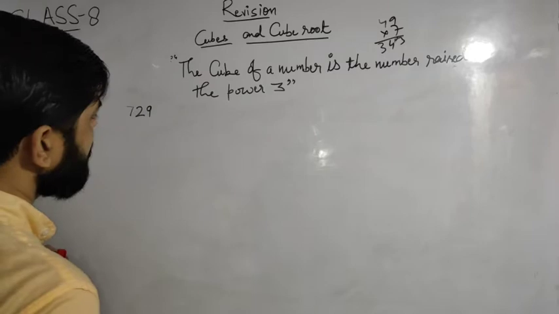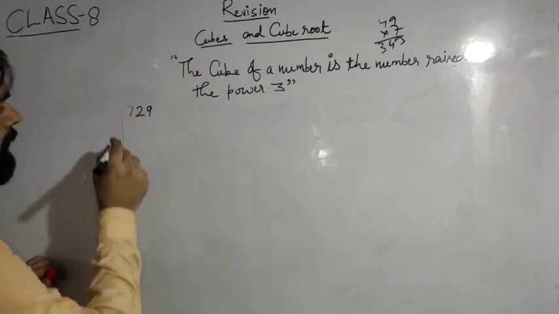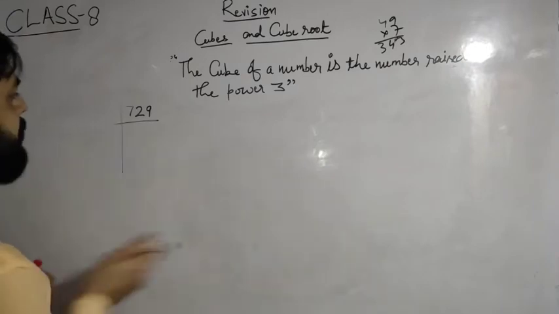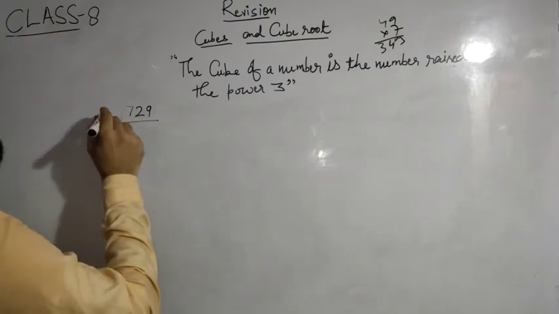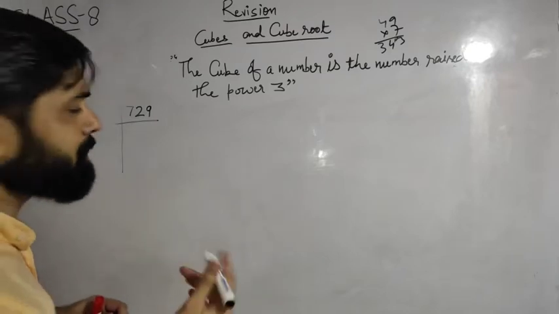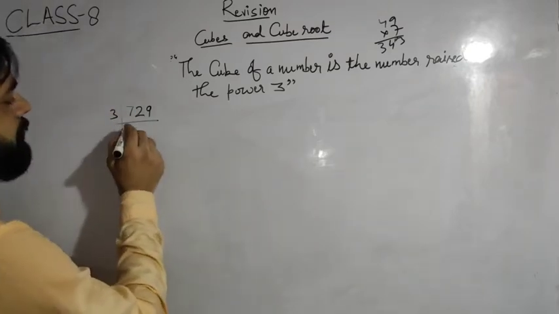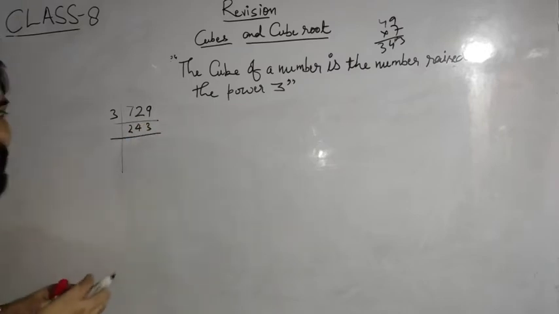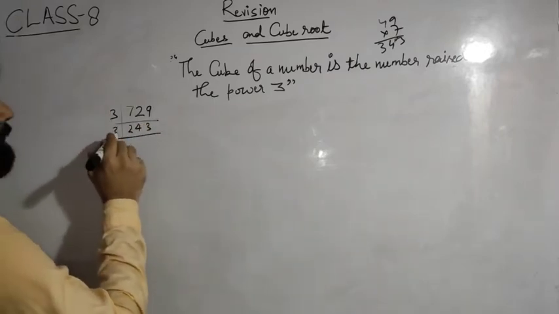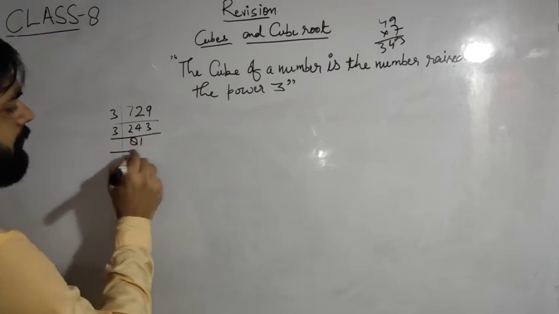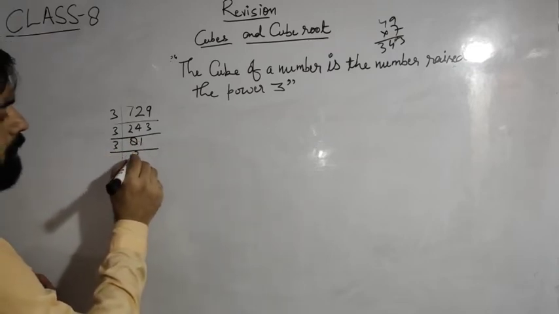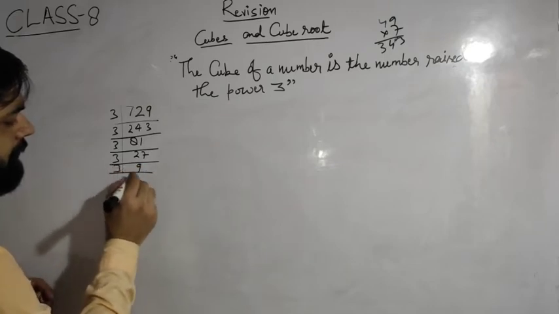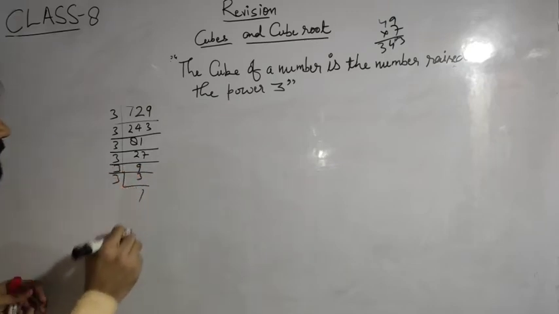So 729. Find the prime factors of 729. What is 729 divisible by? It is divisible by 3. So 3 2s are 6, 3 4s are 12, 3 3s are 9. The next one is 3 8s are 24, 3 1s are 3, then 3 27s are 81, 3 9s are 27, 3 3s are 9, and 3 1s are 3.